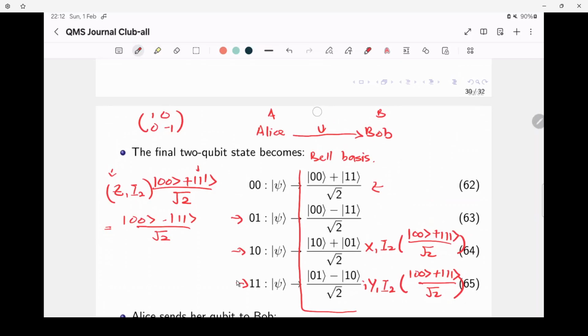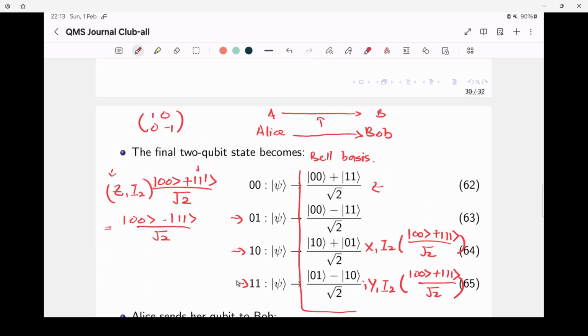But now let's say Alice sends the qubit to Bob instead of classical bits. Eve only has access to Alice's qubit A, she doesn't have access to qubit B.